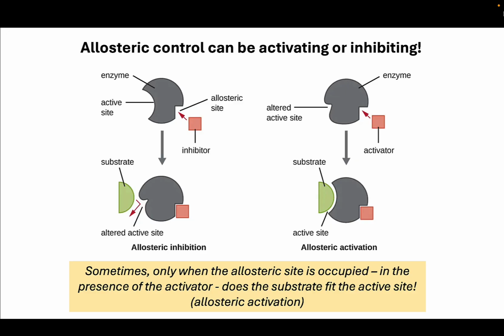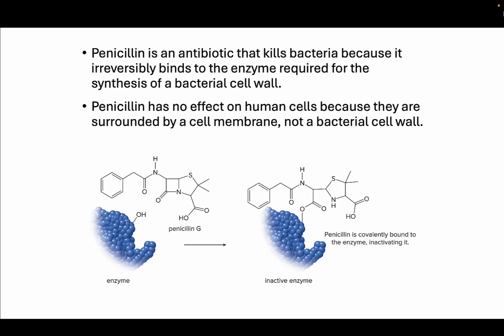We call this allosteric activation. So again, we see that the presence of a secondary molecule can either inhibit enzymatic action or activate enzymatic action. And this altering of the active site may not completely turn off action. It could just promote or reduce action, right? It has degrees of control that these activators or inhibitors can perform.